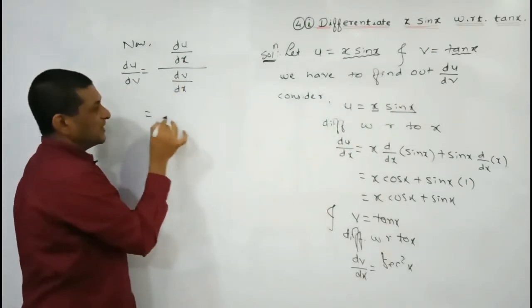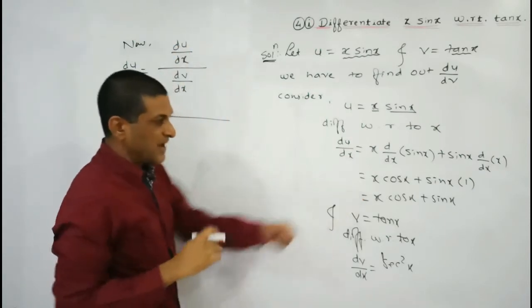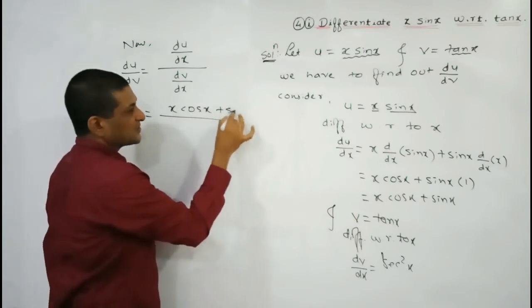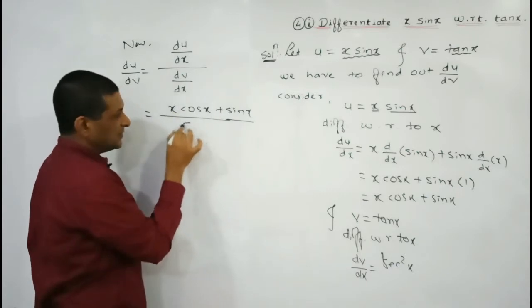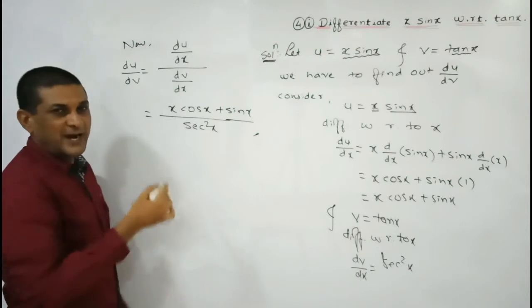So which is equal to, now replace du by dx by its value, x cos x plus sine x, and dv upon dx, its value is sec square x, and this is nothing but our required derivative.